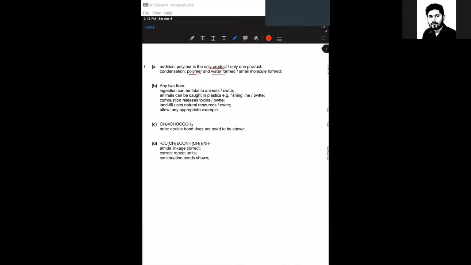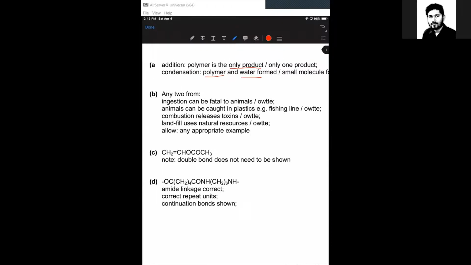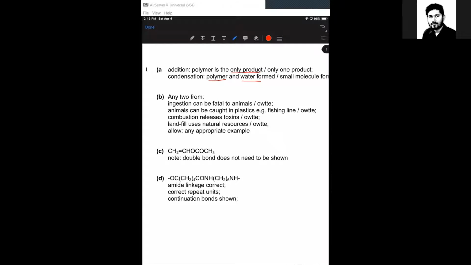Okay, we will proceed with part B. Some plastics formed by polymerizations are non-biodegradable. Describe two pollution problems that are caused by non-biodegradable plastics. You can mention any of these points. Ingestion can be fatal to animals. Animals can be caught in plastic. Burning of plastic releases toxic or poisonous gases.